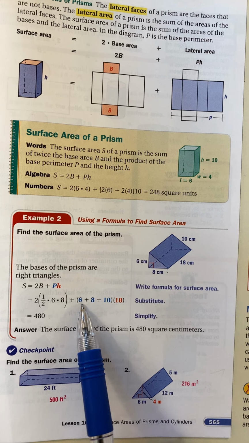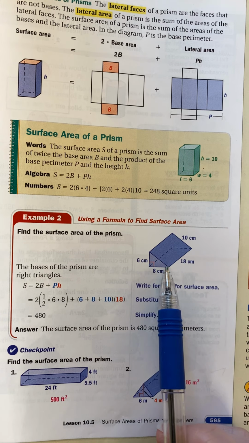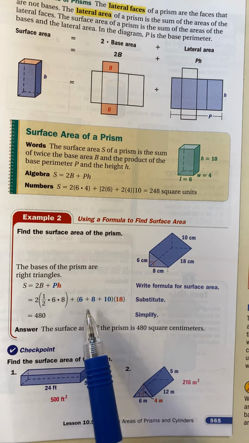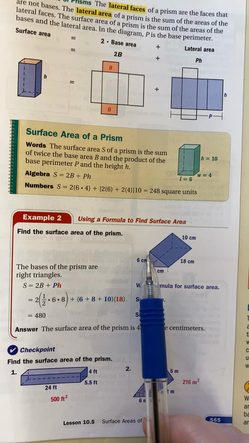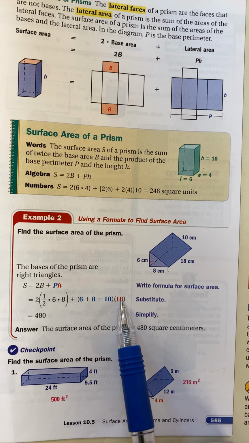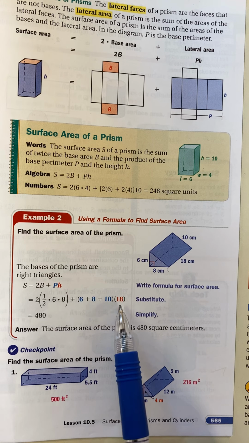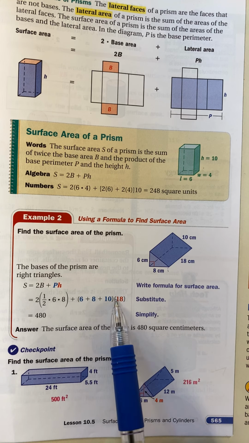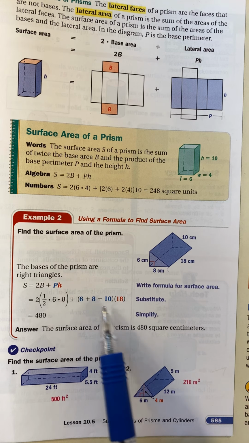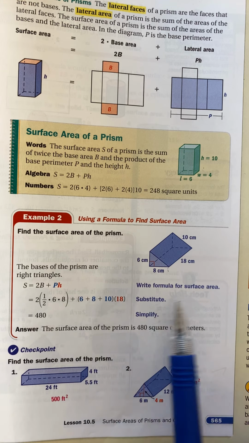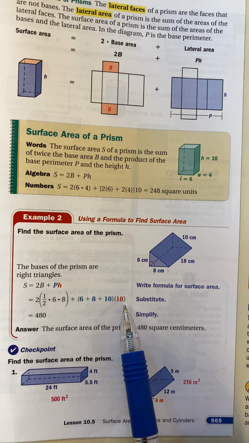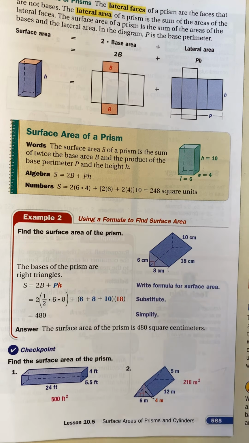They have shown the perimeter of the triangle as 6 plus 8 plus 10, and they multiplied that by the height, which is 18. We just did the same thing. We did 10 times 18 plus 8 times 18 plus 6 times 18. Doesn't matter if you want to do it the fast way or just chunk it out side by side.